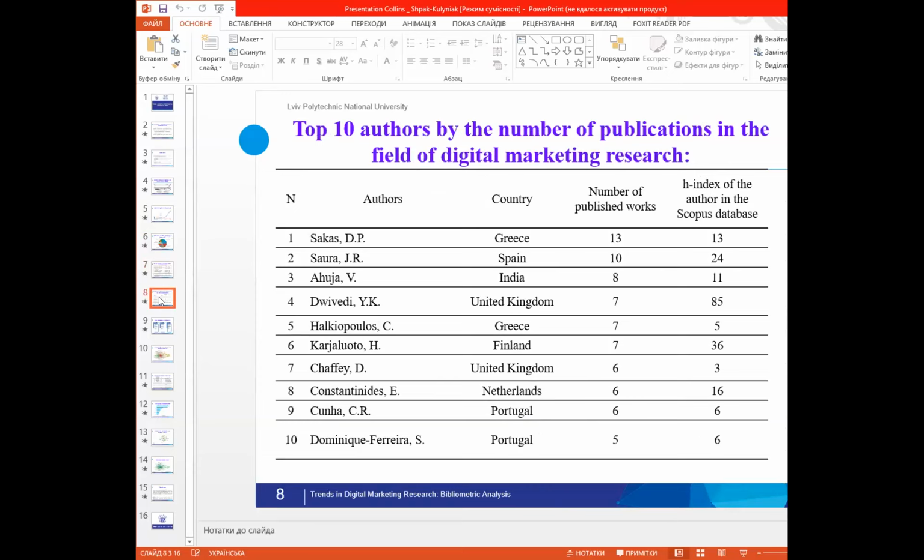The next slide represents the top 10 authors, their number of published works and index in the Scopus database. We can see that Greece, Spain, United Kingdom, and Portugal are represented very well.